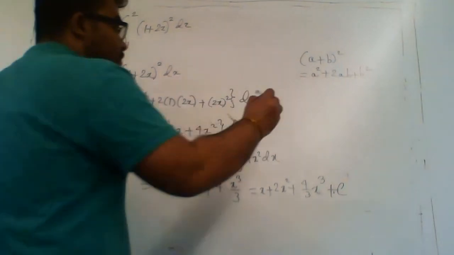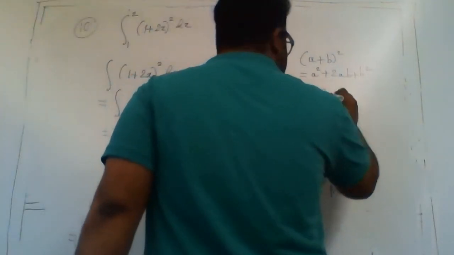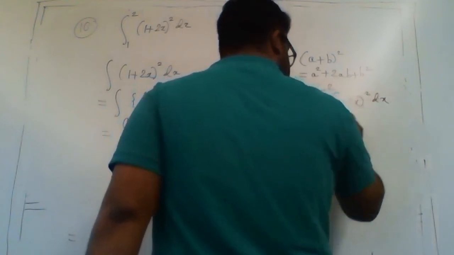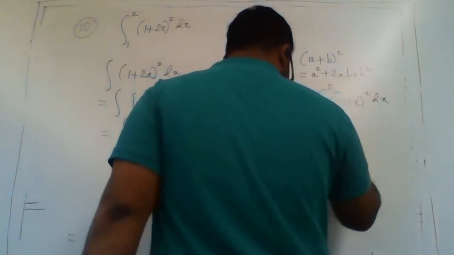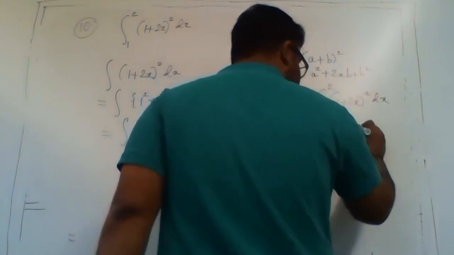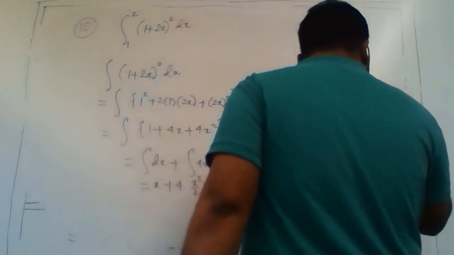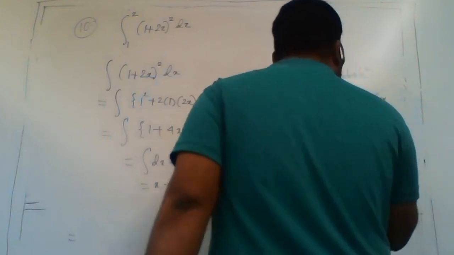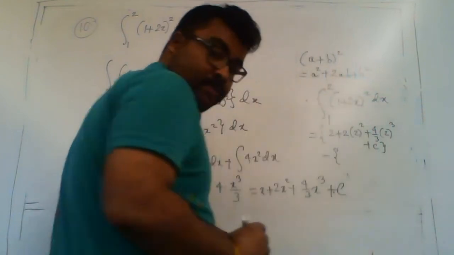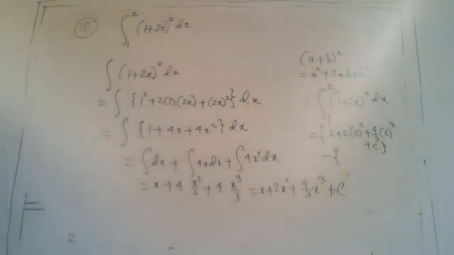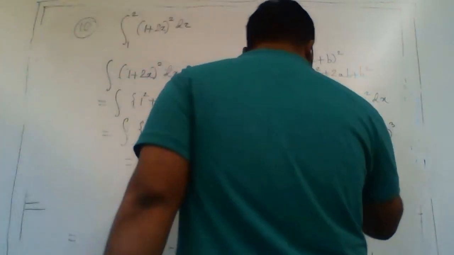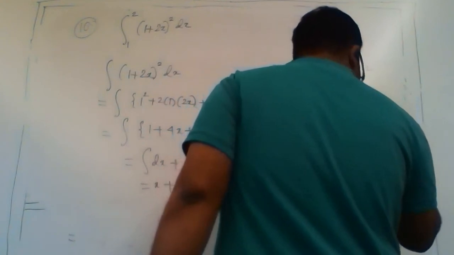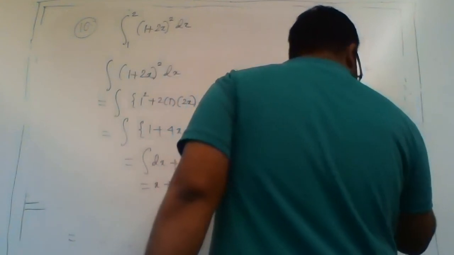So therefore, integral from 1 to 2, (1 plus 2x) whole square dx is, put the top value, you get 2 plus 2 times 2 square plus 4 by 3 times 2 cubed plus c. Then you put the bottom value, you get 1 plus 2 times 1 square plus 4 by 3 times 1 cubed plus c. Then just use a calculator.